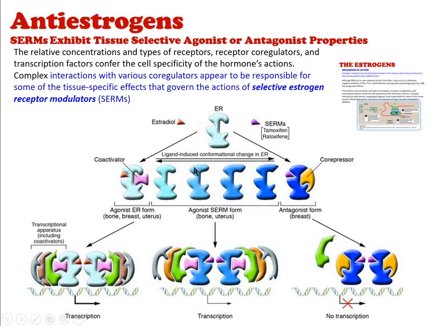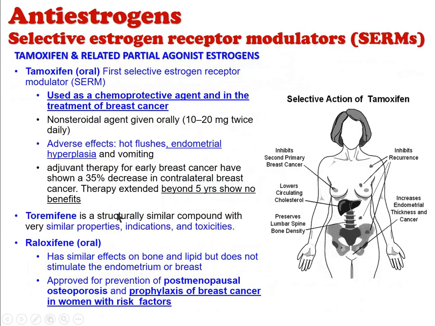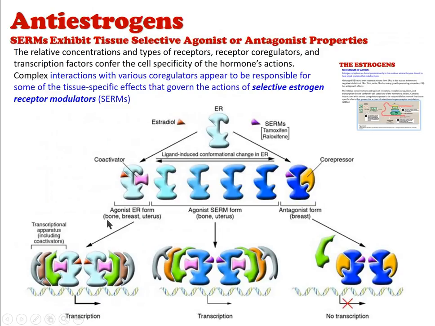What they do is change the conformation of this receptor in different ways in different tissues, so they have tissue-specific effects. For example, estradiol was an agonist in bone, breast, and uterus, so it can stimulate gene transcription in all these places. But this SERM is basically going to stimulate, especially in bone and uterus, but in breast it's going to stop transcription.